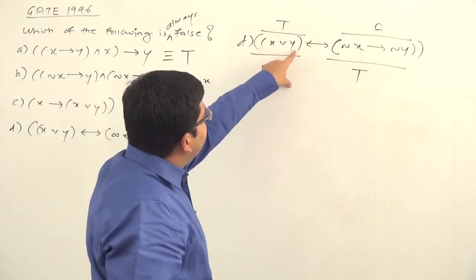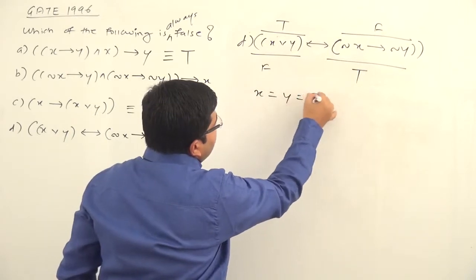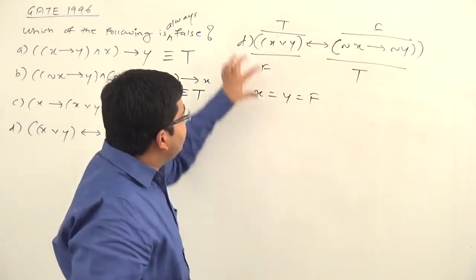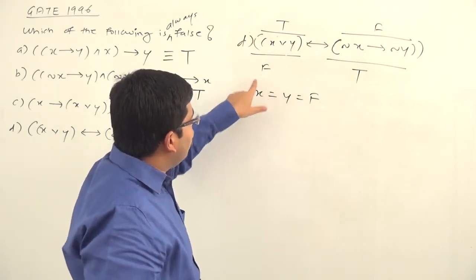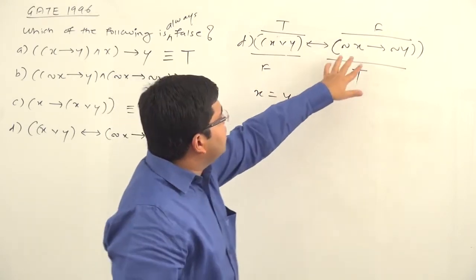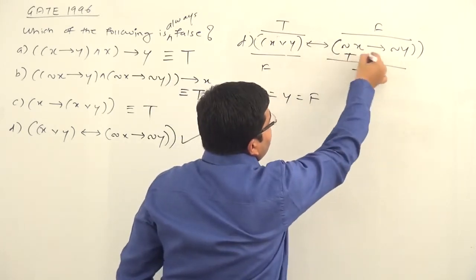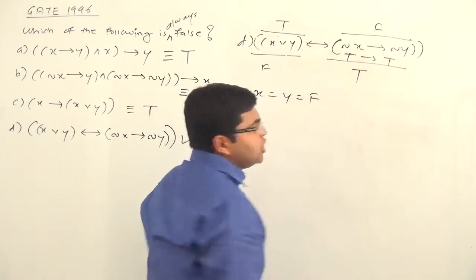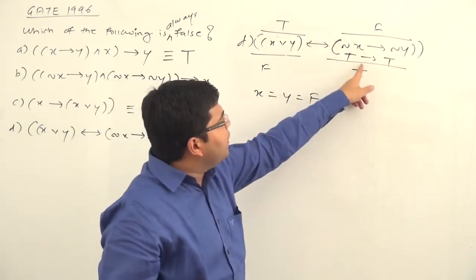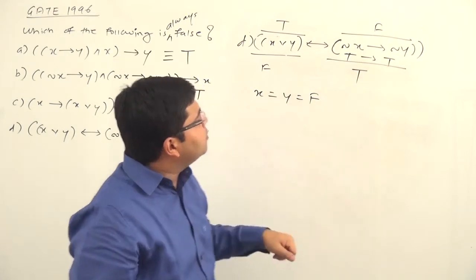Whenever you want to make this side false, x and y both of them should be equal to false. We are trying to do this: x or y equal to false, that means both of them are false. But when you do so, here it will become negation of x, which is true, implies negation of y, which is true, and true implies true becomes true.